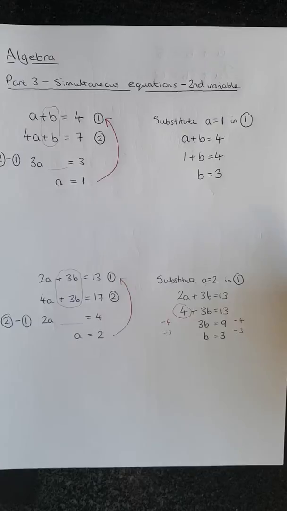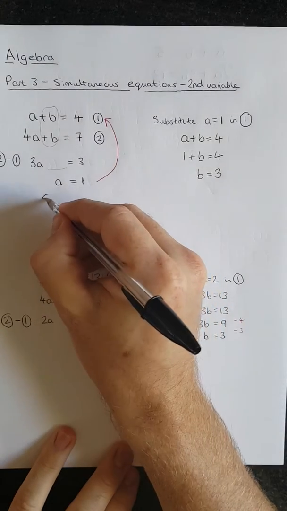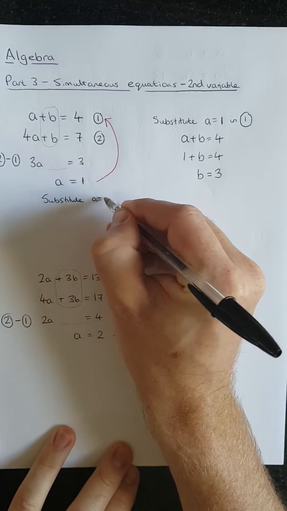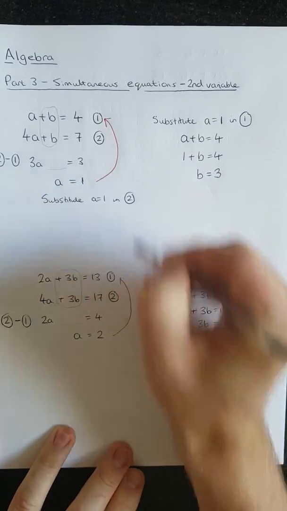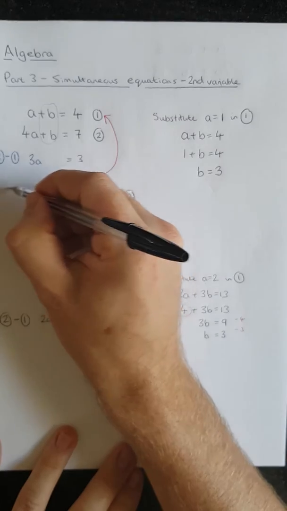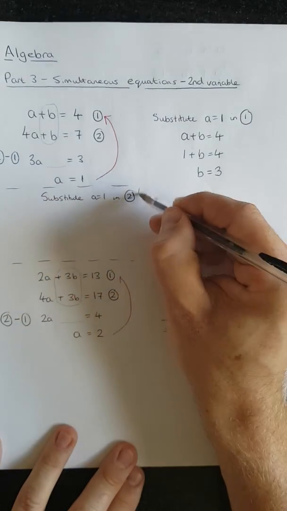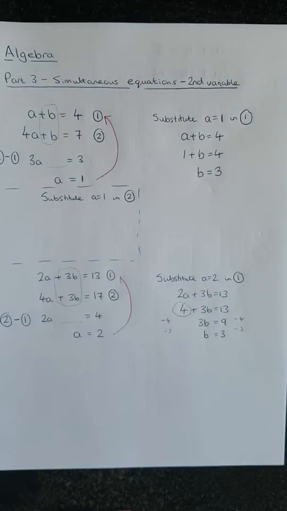Now, let's just check that we've done things the right way and what would happen if we had substituted a equals 1 in equation 2 instead? Would that have made any difference?